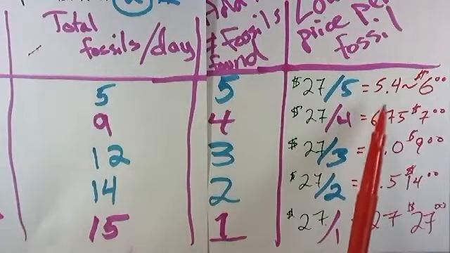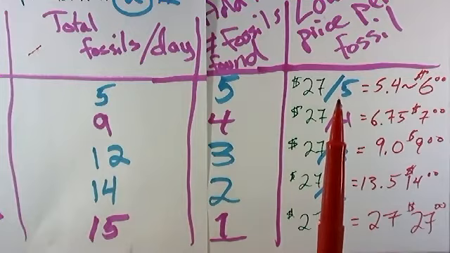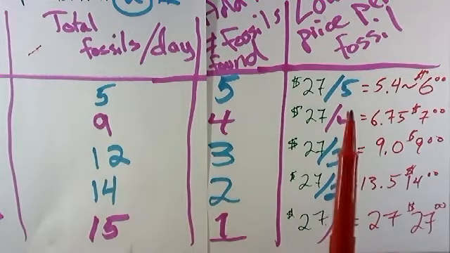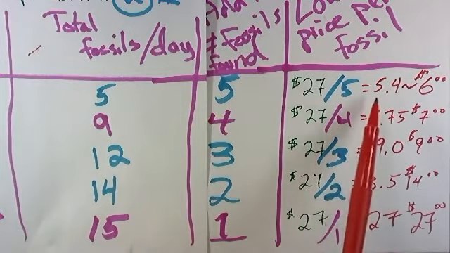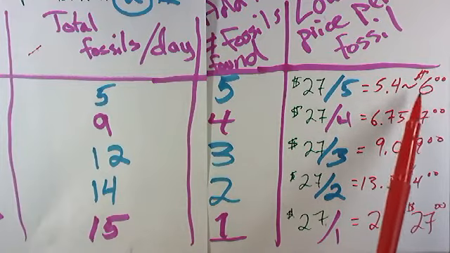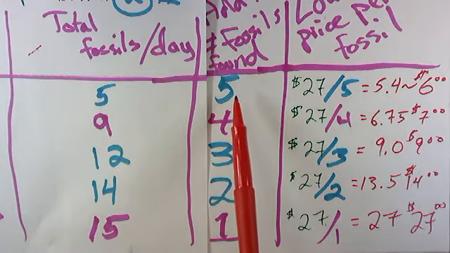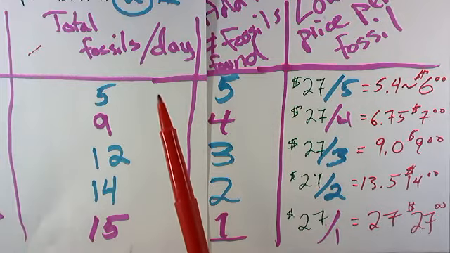We're figuring out what is the price at $5.4 per fossil. She's exactly indifferent between taking wedding photography for that hour and collecting fossils, right? But at $6, she is actually going to be better off spending her time collecting fossils, because 6 times 5 is 30, and that's more than the $27.